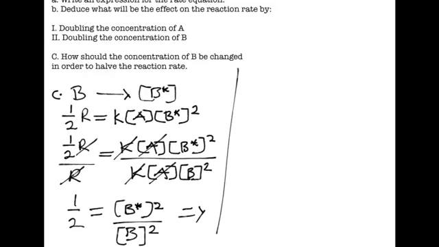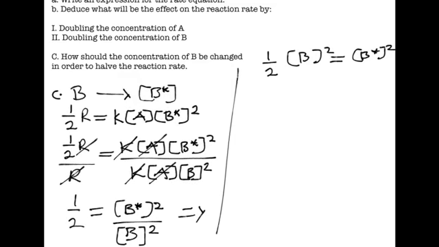So we're going to have 1 out of 2 B squared, which is going to be equal to B asterisk squared. Remember we are looking for B asterisk, which is the concentration of B needed in order to halve the rate of the reaction.